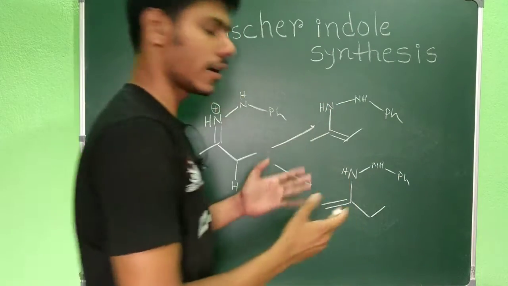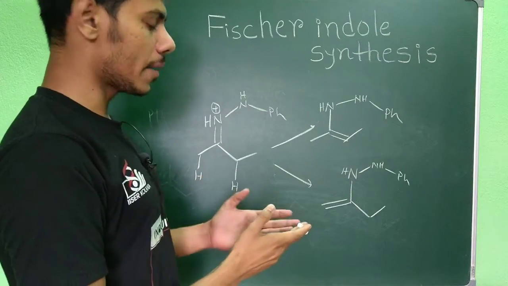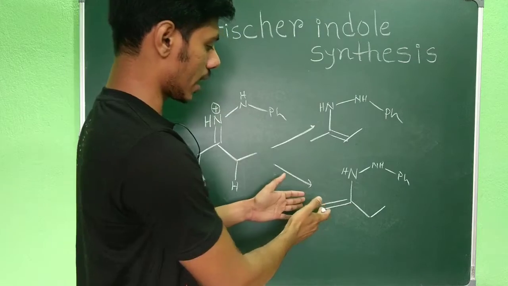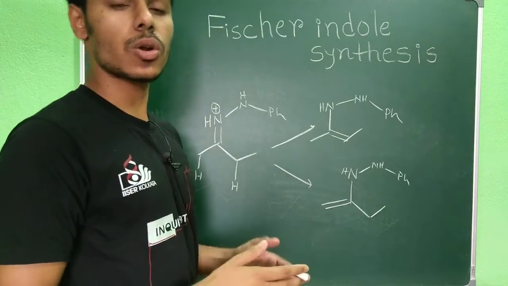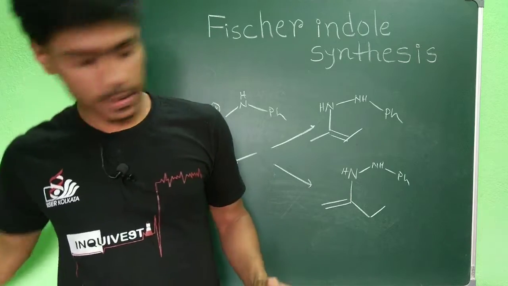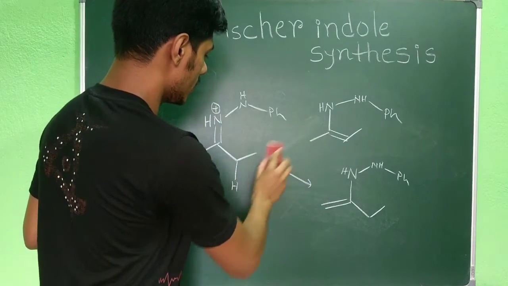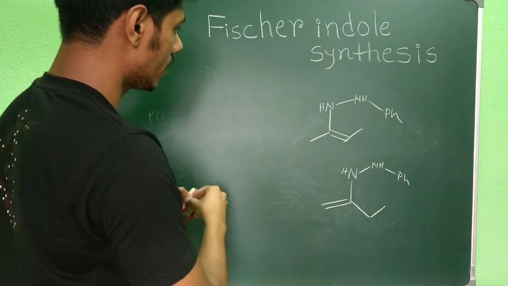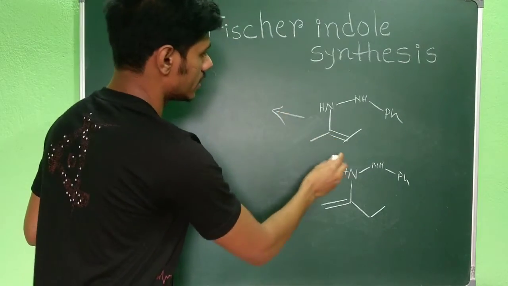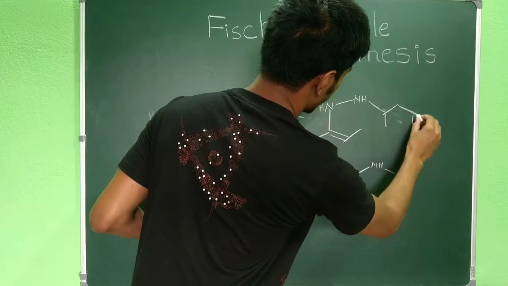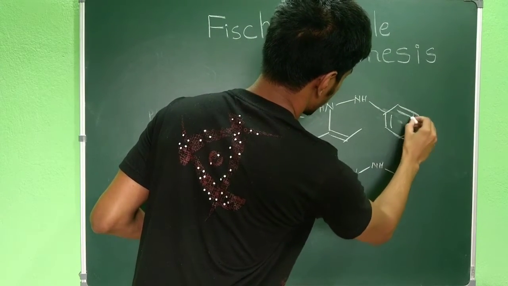Now you can easily understand that whether the enamine or the double bond is forming over this side or this side, depending on that the structure of your product may differ. For example, let's say you have this enamine. Then you will have reaction from this side.